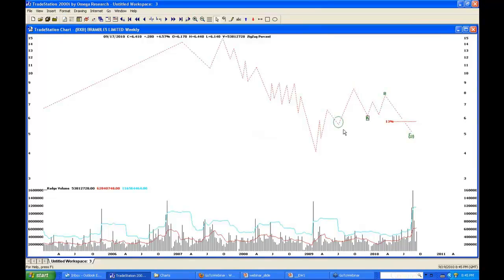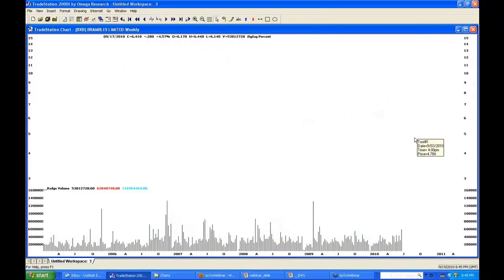Bigger picture, and sometimes this is when it's good to go to the weekly chart. Okay, if we extend out to the weekly chart now, it becomes reasonably obvious. Let's turn that into white. It becomes reasonably obvious that we've got choppy price action going on here, don't we?